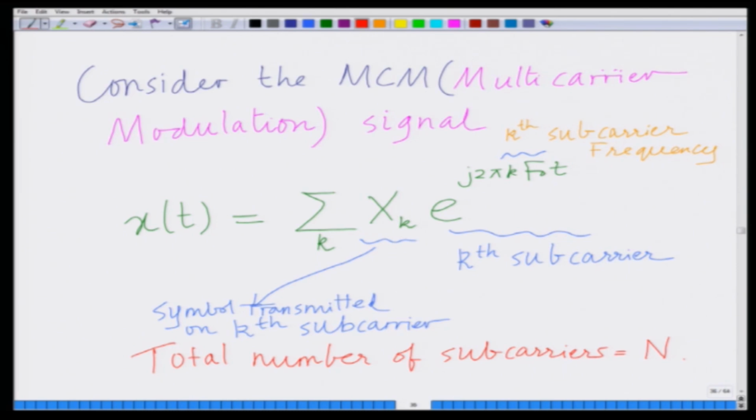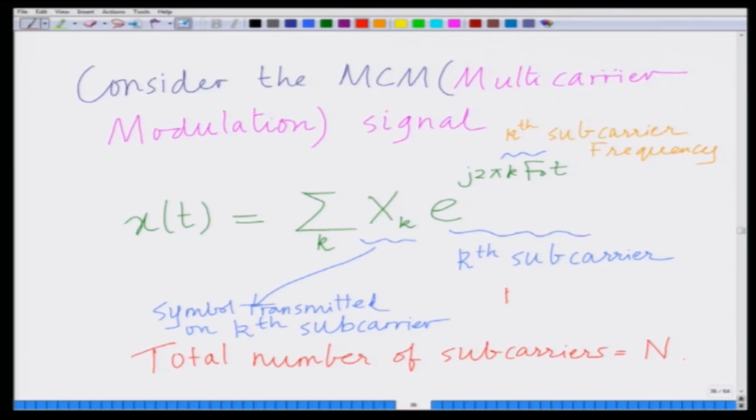So, we have the transmitted signal x(t) is summation X_k e to the power of j 2 pi k f naught times t, where X_k is the symbol that is transmitted on the kth subcarrier, e to the power of j 2 pi k f naught t is the kth subcarrier, and k f naught is the kth subcarrier frequency.